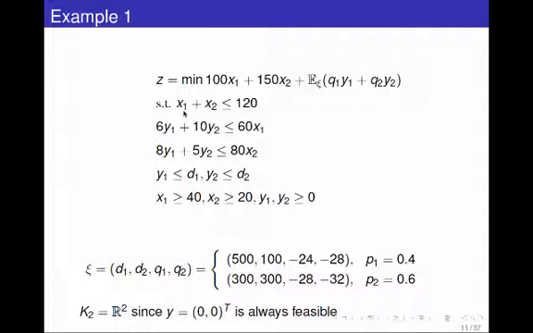But I'm going to say here's a specific y that will always do the job. So try y equal to 0 and 0. Do I satisfy these constraints here? I satisfy them.